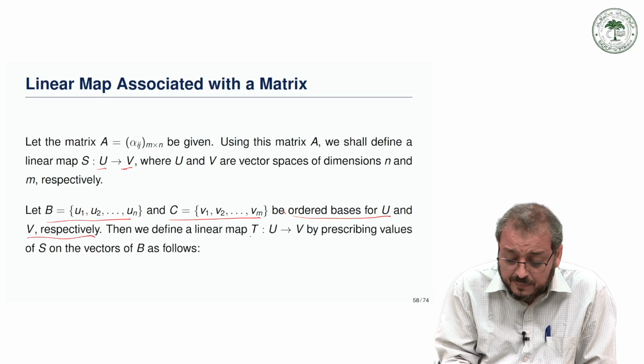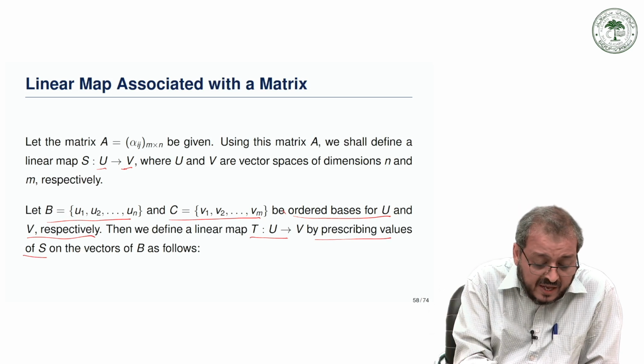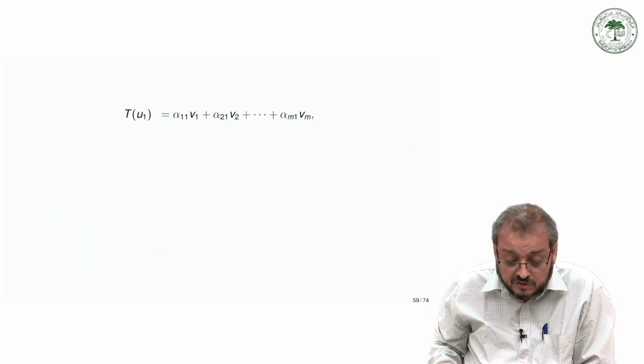Then we define a linear map T from U to V by prescribing values of T on the vectors of B as follows.